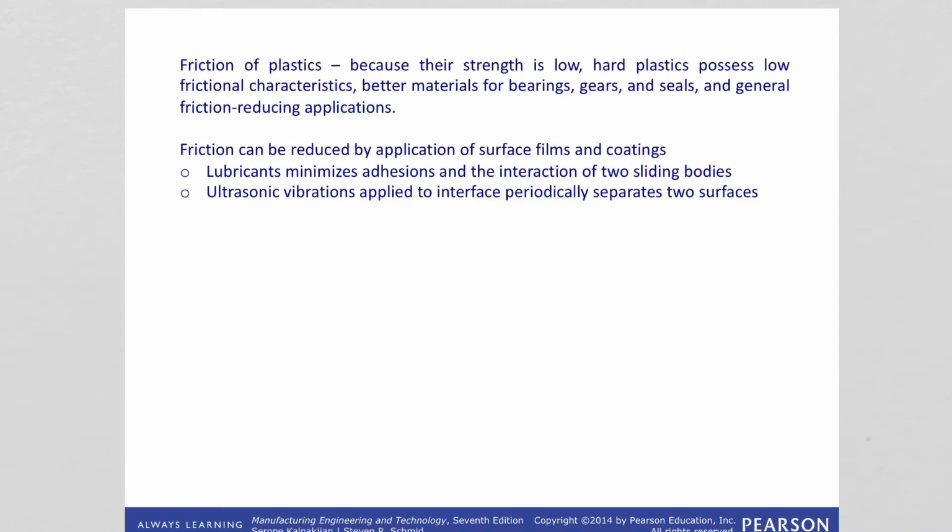Because their strength is low compared to metals, hard plastics generally possess low frictional characteristics. That is the reason this property makes plastics better than metals when it comes to their use in bearings, gears, seals, and general friction reducing applications, provided that the loads are not high.